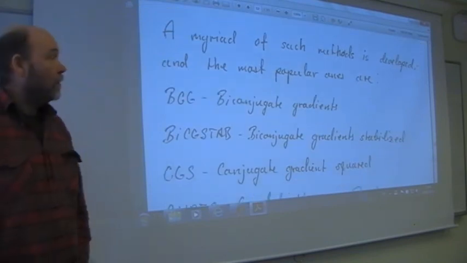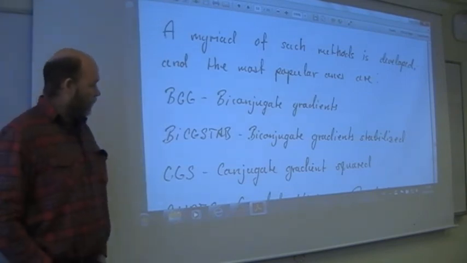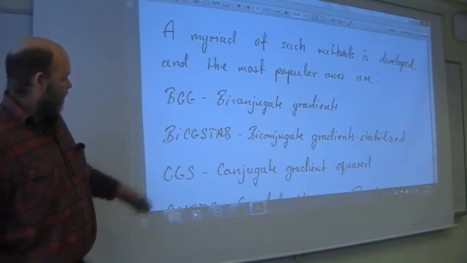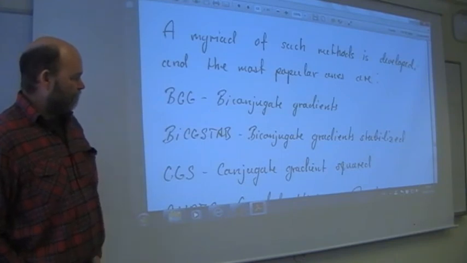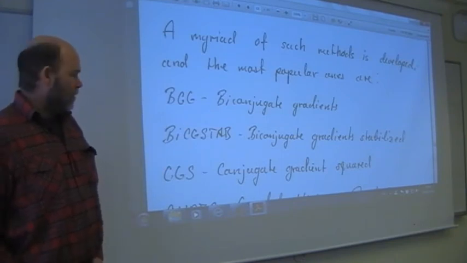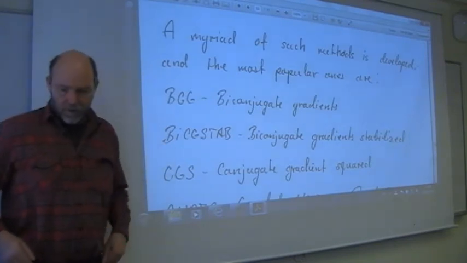So we have now a whole family of different variants of the conjugate gradients, and they use some sort of a preconditioner, which will make it much more efficient.